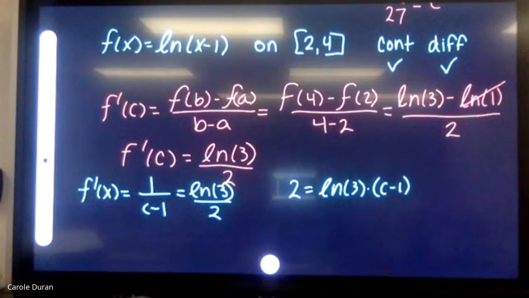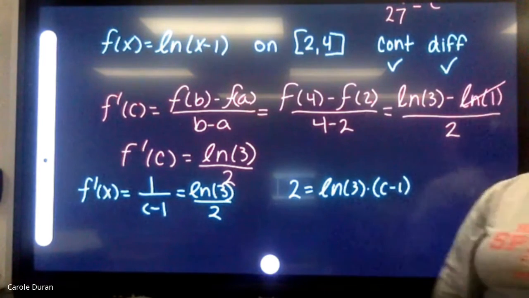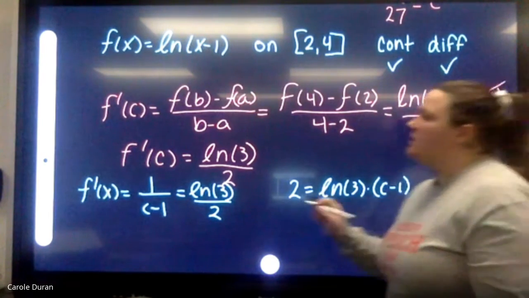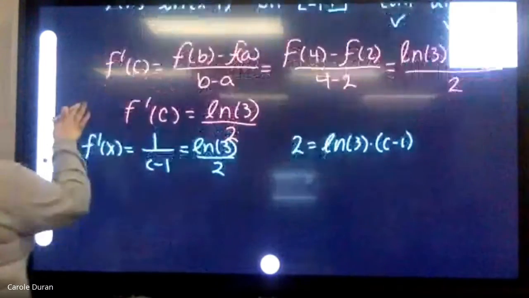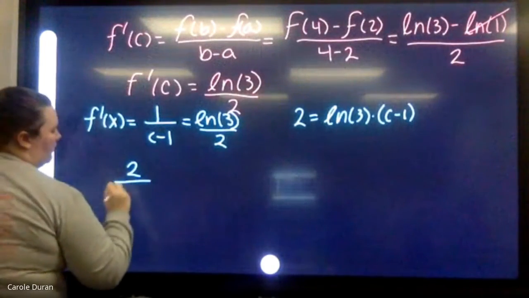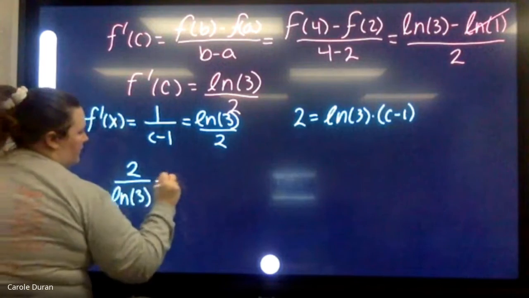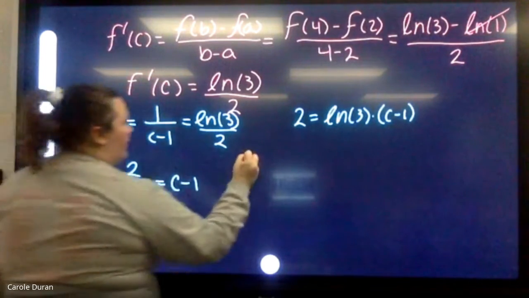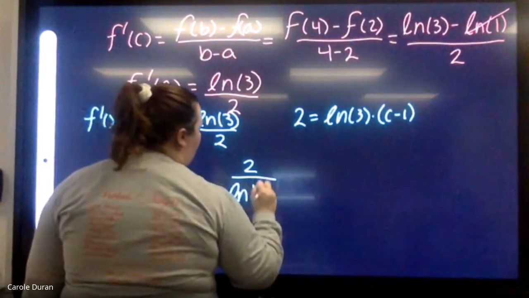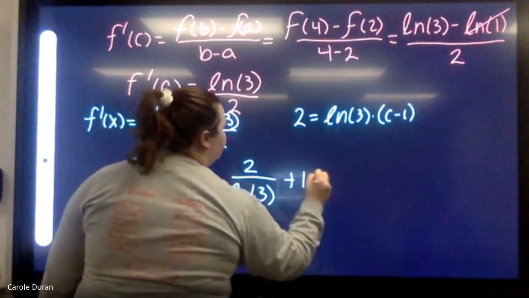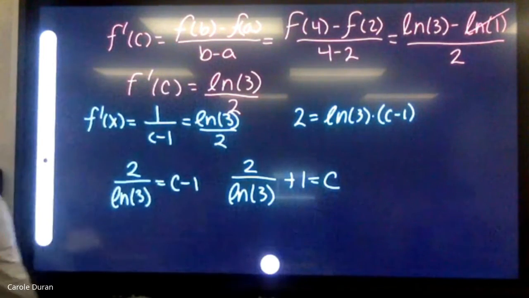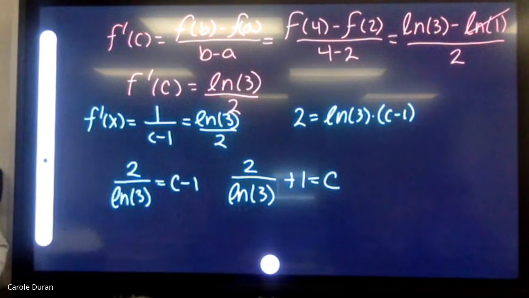I want the c minus 1 by itself, so I need to divide the natural log of 3 out. So I get 2 over natural log of 3 equals c minus 1. And then add the 1 over, and I get 2 over natural log of 3 plus 1 equals c. And then, of course, you can take the decimal from there.